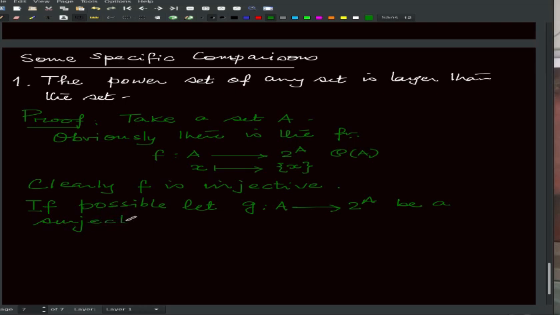So it means that every element of this has a pre-image. Take any element from here, which is the same as saying that T is a subset of A. Now let me construct this set.